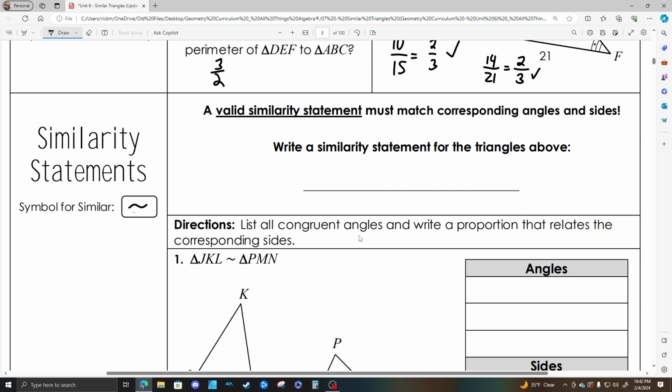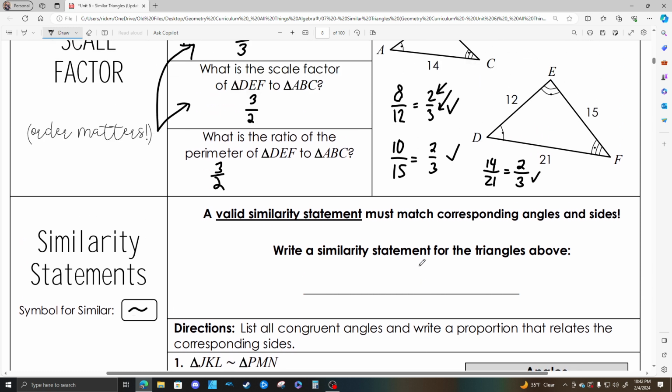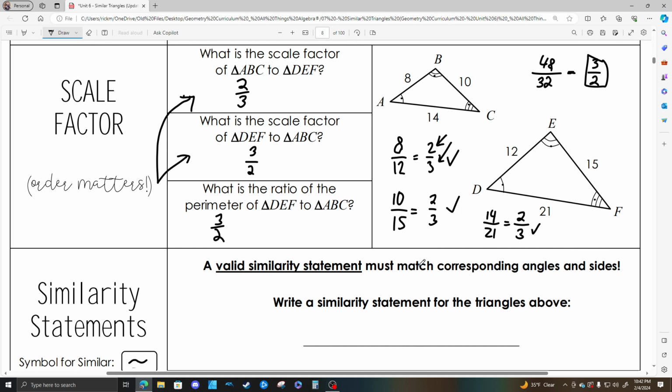All right, so write a similarity statement for the triangles above. Well, let's do it, right? It's the same exact concept, only this time we're not saying that they're completely identical in every way. We are saying that the angles are congruent and the sides are proportional. So in this case, we could just do it the exact same way.